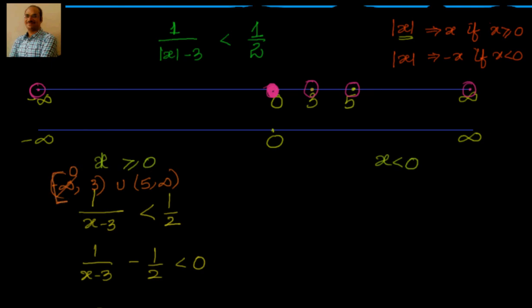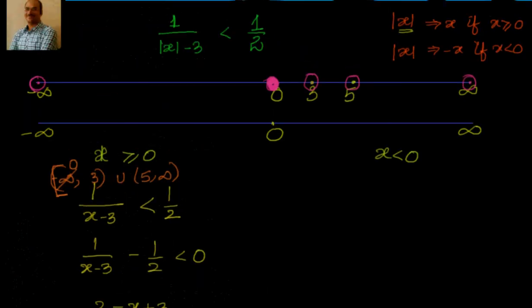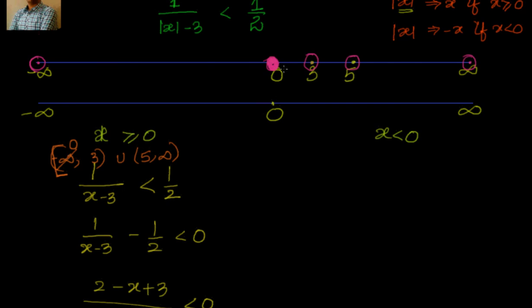So this is nothing but our solution. Our solution is 0 to 3 and 5 to infinity. That is the solution from the first part.